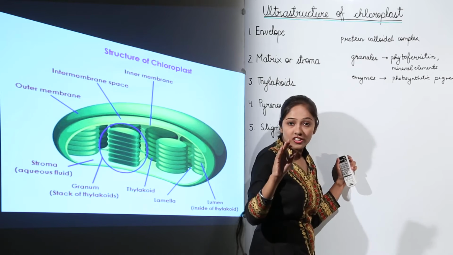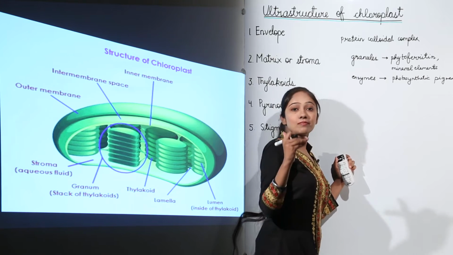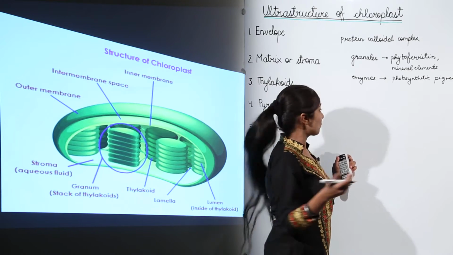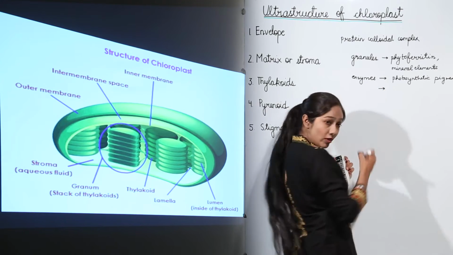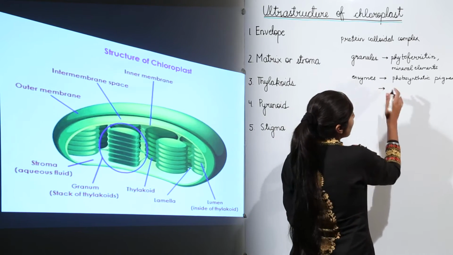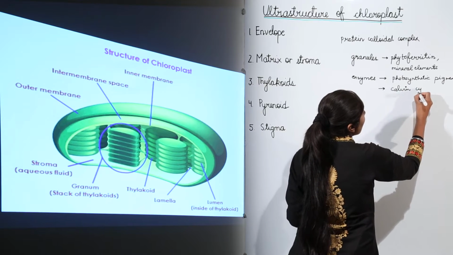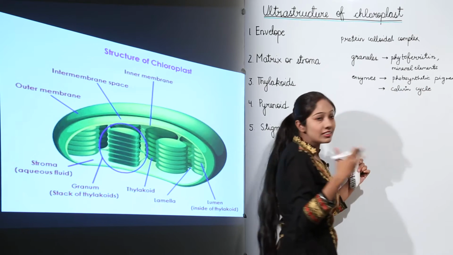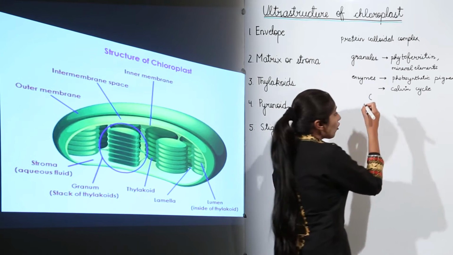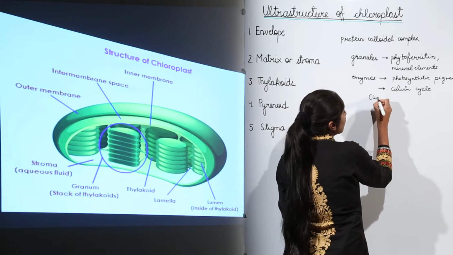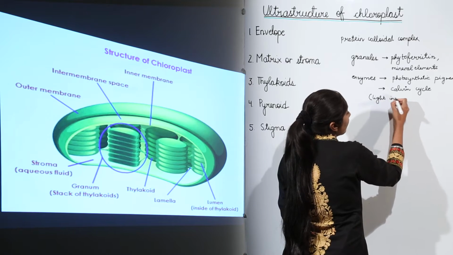And it is not just one function they perform, they perform several other functions also. The next very important function the enzymes perform is operating the Calvin cycle. This Calvin cycle I can also call the light independent reaction.